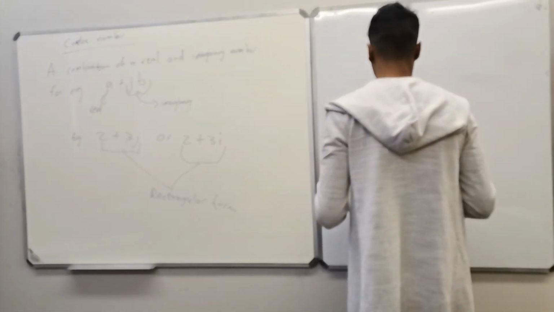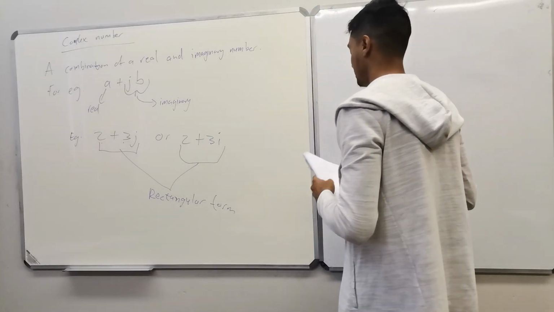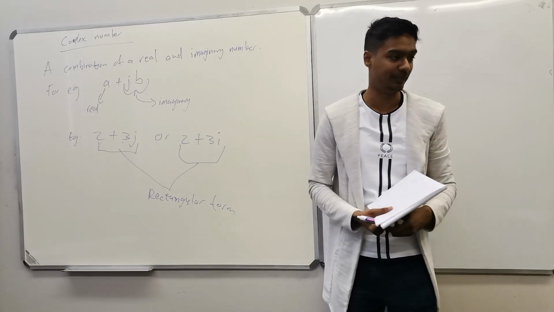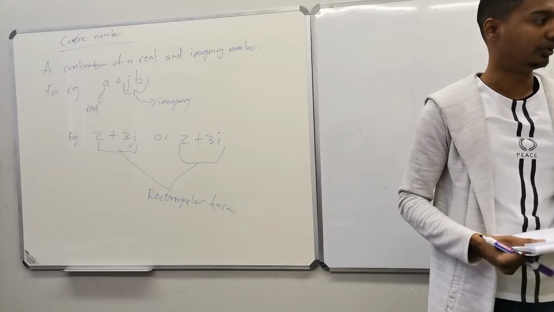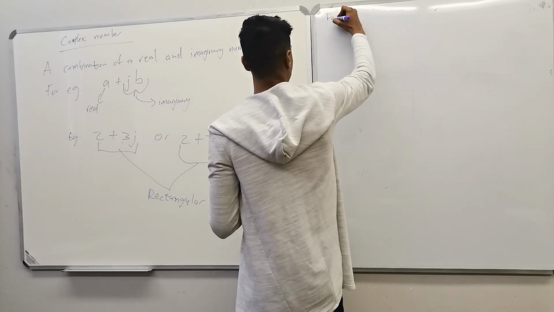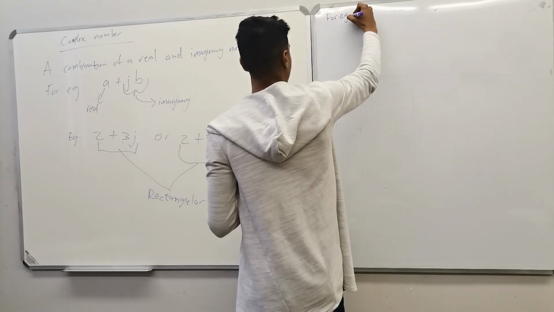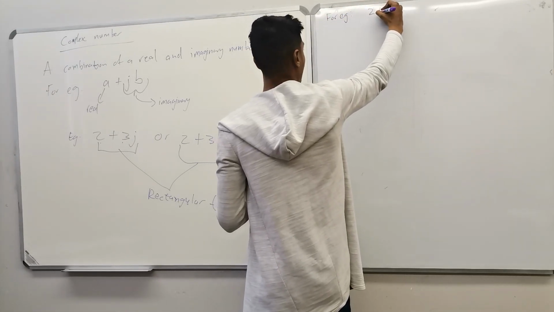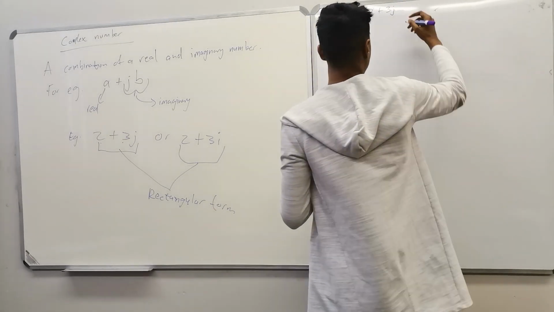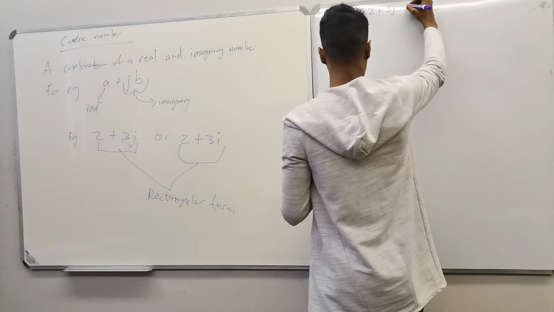So for polar form, you take your rectangular form and you use an Argand diagram to convert it. For example, we have a rectangular form of 2 plus 3j, and we say we want it in polar form.